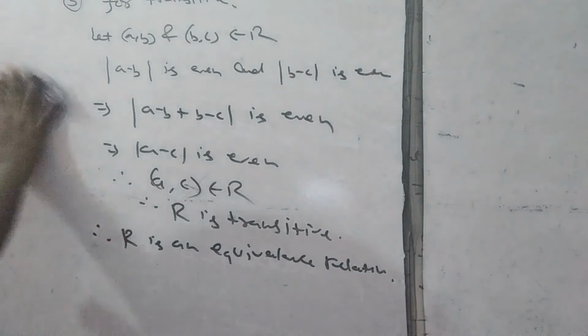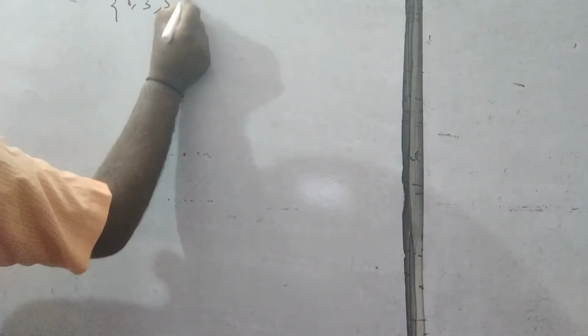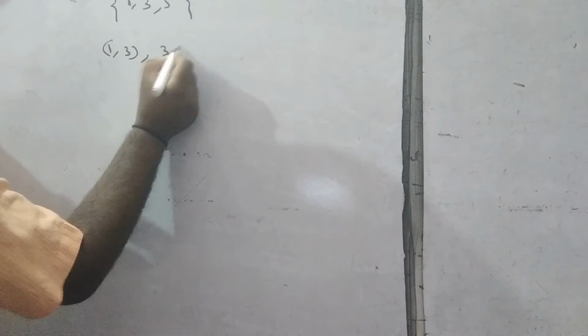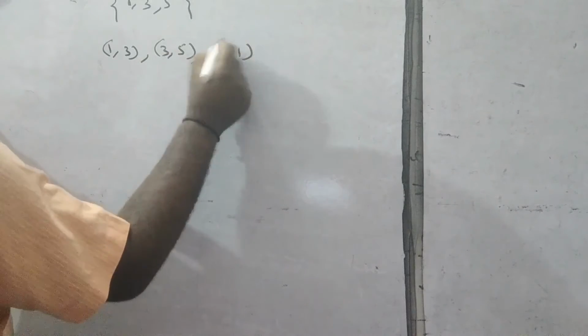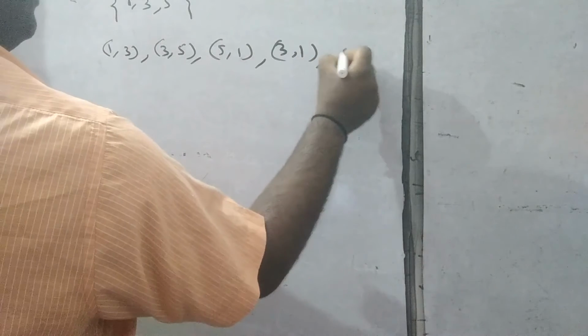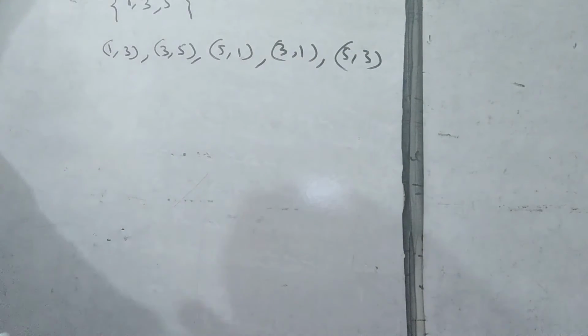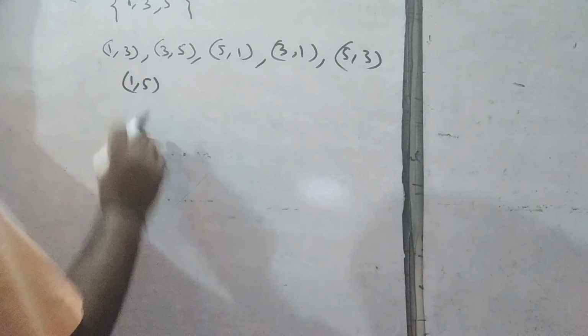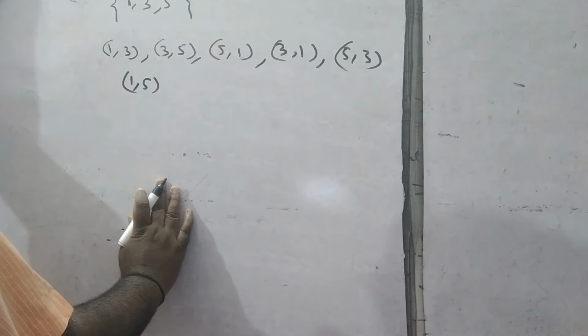Now, the first part is completed. Now, how are the elements of 1, 3, 5 related to each other? From 1, 3, 5, how many pairs can you form? 1 3, 3 5, 5 1, 3 1, 5 3, 1 5, 3 5.